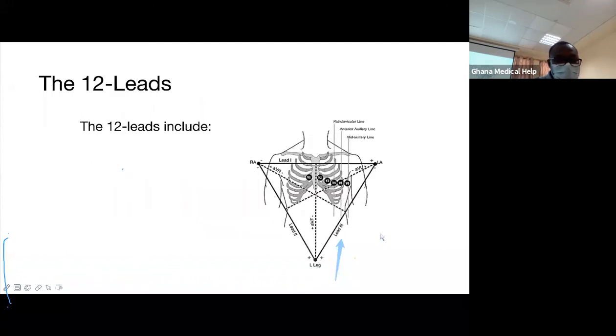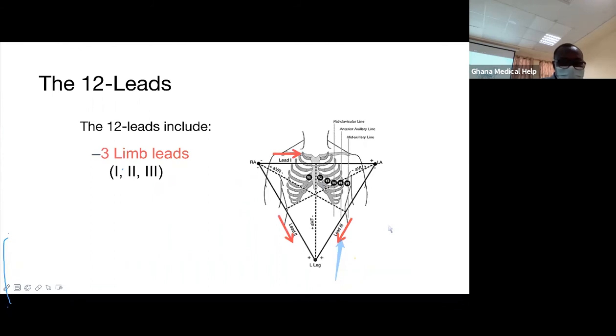So how are the 12 leads included, or how are they gotten? So you have 6 of them, usually what we call the precordial leads. And then you have 3 of them on the limb and then 3 augmented limb leads. So total will be 6. So you have 3 limb leads, lead 1, lead 2, lead 3, like you can see up there, the various axes that it looks at.